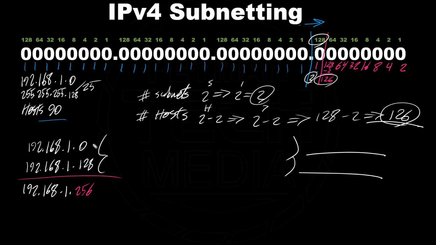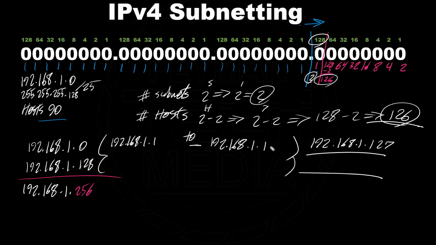For the first subnet, what is the broadcast? The broadcast is always one less IP address than the next subnet. So if the next subnet is 1.128, one less IP address would be 1.127. So the broadcast address for this subnet would be 192.168.1.127. And the range, the first available IP address, is 192.168.1.1, and it goes to 192.168.1.126.